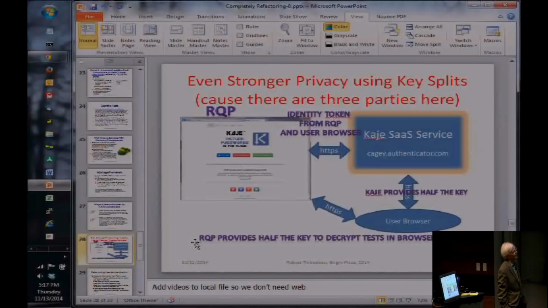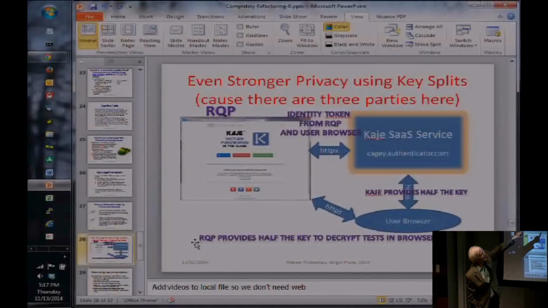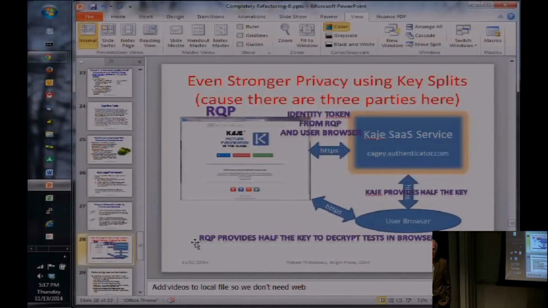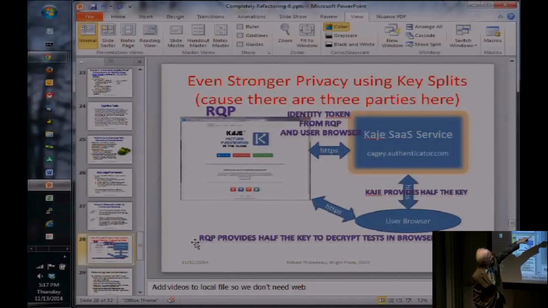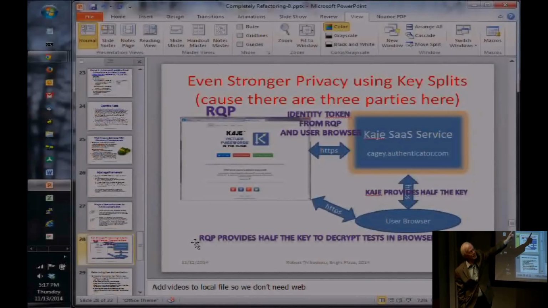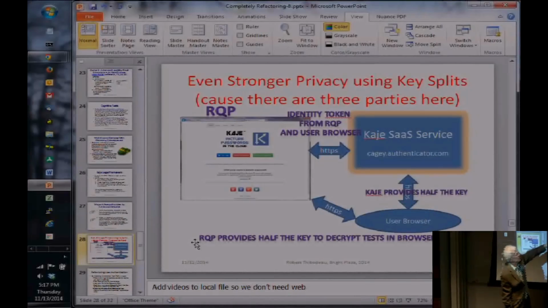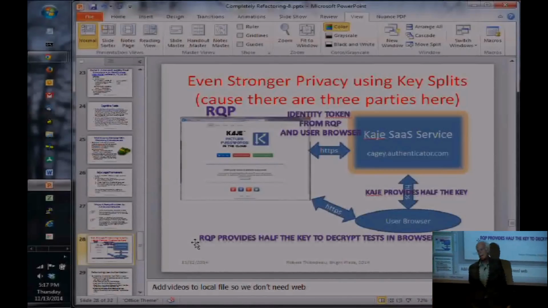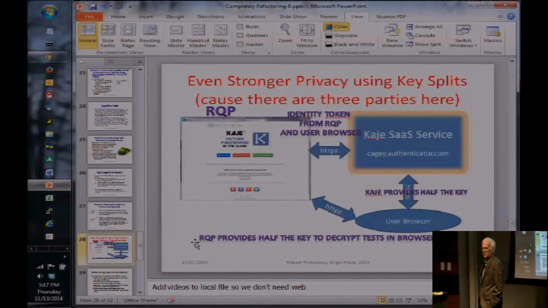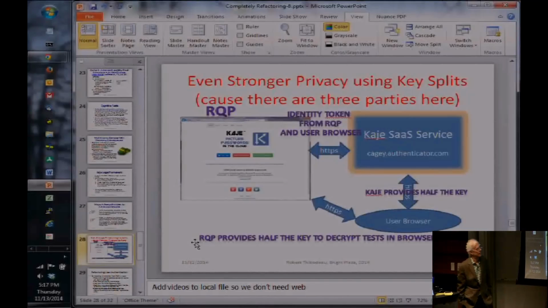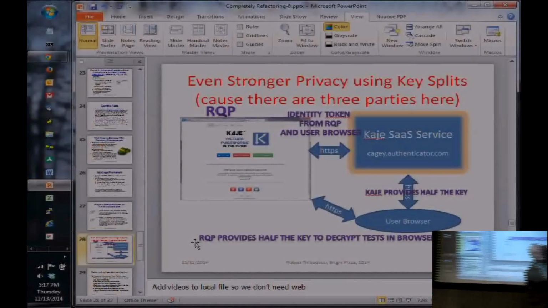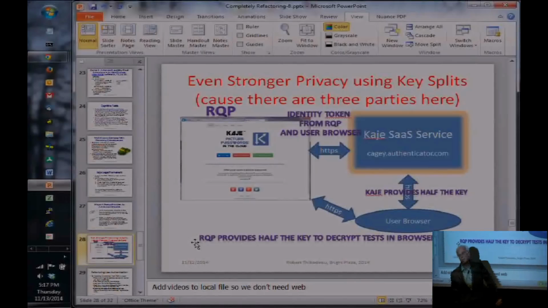A fairly simple way is that the party who knows the user has half of a split key, and the SAS service knows the other half of the split key, and the RQP and the SAS service do not share the key with each other. They just share it at this request down to the browser, and the browser does the XOR of the key to find the way to decode the test package that's been handed to the browser from the SAS server.